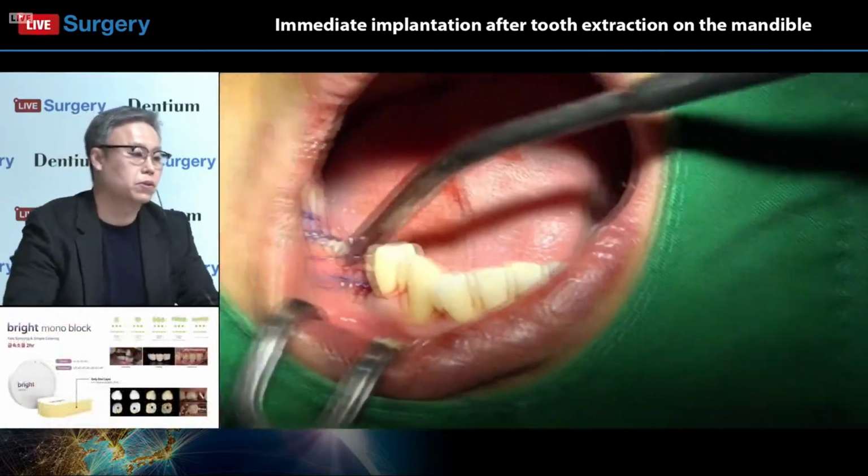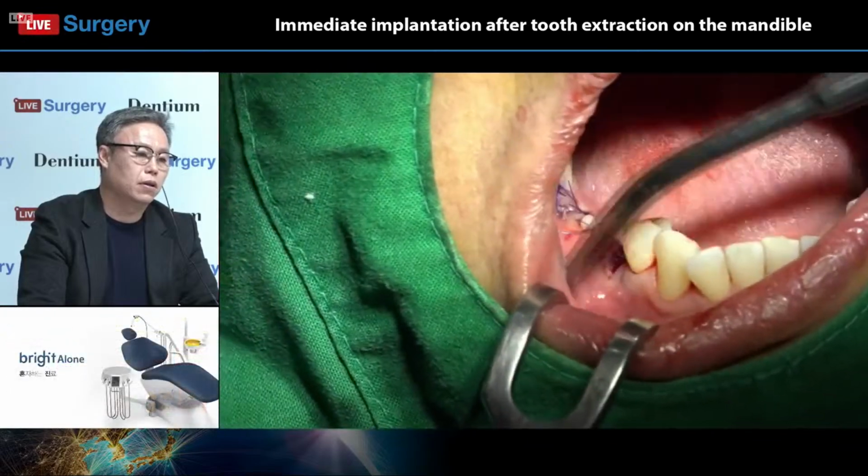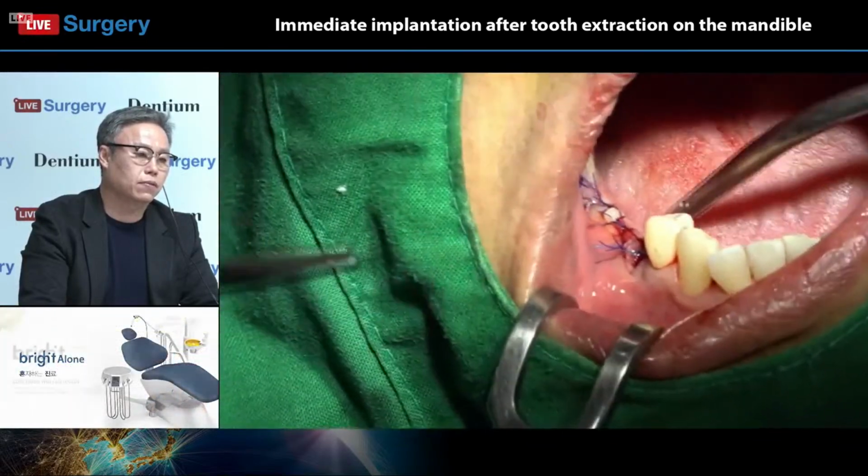Yeah, he's almost done. Controlled the bleeding successfully.